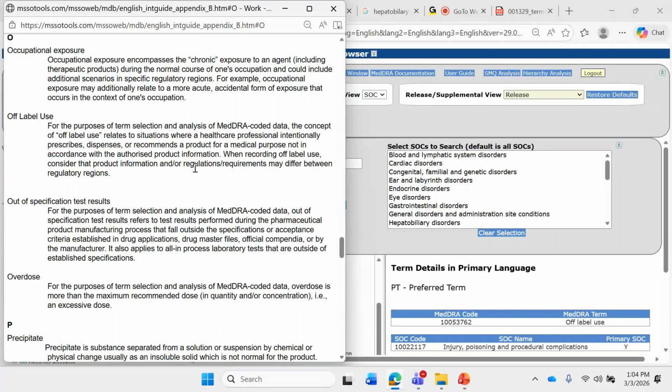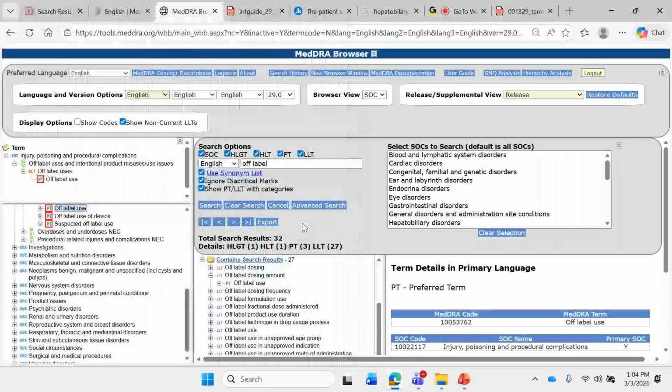For example, I'm taking a drug that's used to treat disease A, and it's recommended to take 50 milligrams for adults for this disease A. If the doctor prescribes it for another disease B, and in a child, even though the label is only approved by the regulators for a certain age group, a certain dosage, a certain disease, but the doctor does otherwise than what's in the label, it's considered off-label.